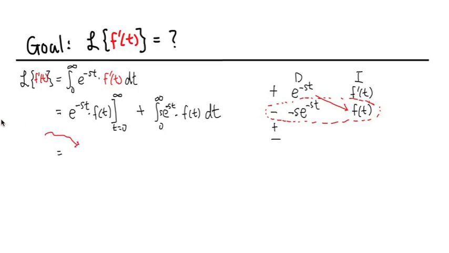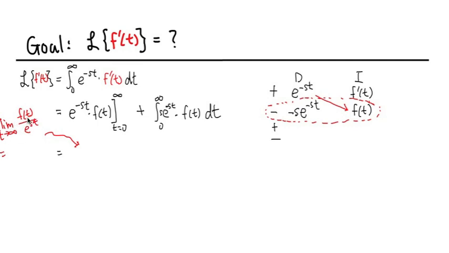We are going to take the limit as t goes to infinity of f of t over, because we have a negative exponent, e to the positive st, as t goes to infinity. And we must have f of t being of exponential order, otherwise this limit wouldn't exist, wouldn't be 0, wouldn't be a nice number.